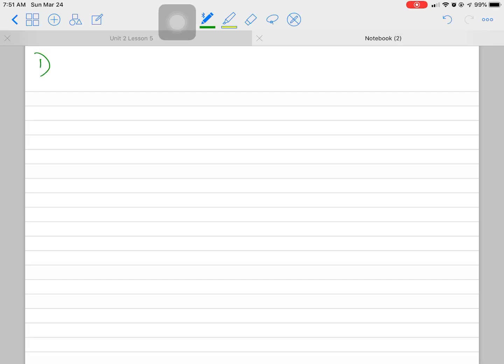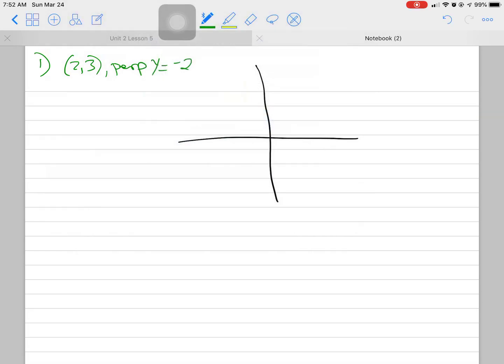Number 1 said it's going to go through 2, 3 is your point, and it needs to be perpendicular to y equals -2. All right, so let's start with what in the world does y equals -2 look like? Y equals -2.